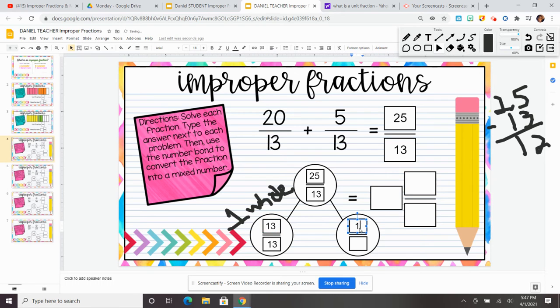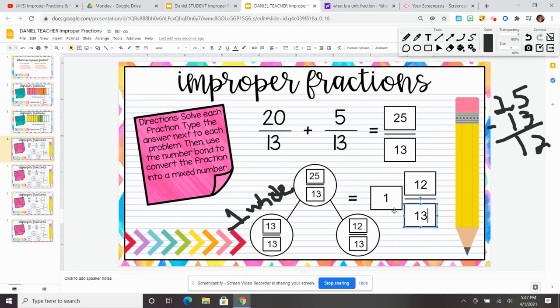So that's going to be my numerator, 12, and my denominator is still going to be 13. So I know here's 1 whole plus 12/13. So that is going to be my mixed number fraction, 1 and 12/13.